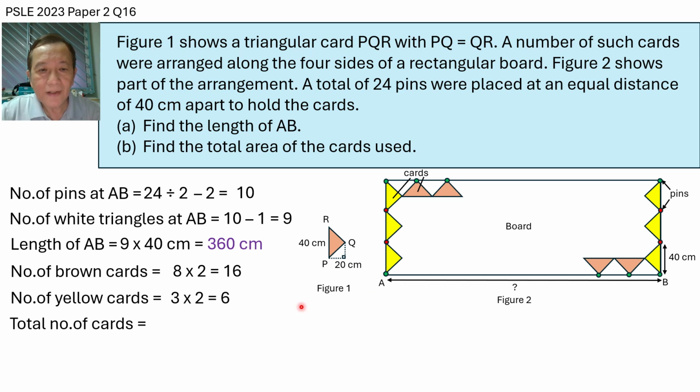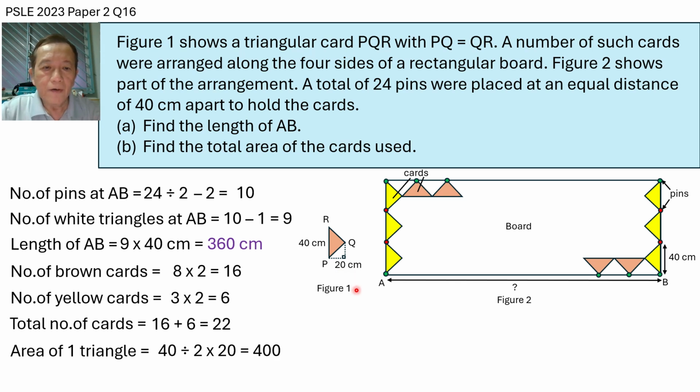Total number of cuts, 16 plus 6 equals 22. Area of one triangle, half base times height. The base is 40 cm and the height is 20 cm.